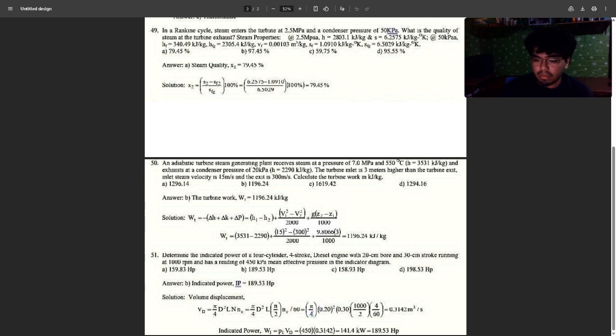The mean effective pressure is 450 kilopascal times 0.3142 cubic meter per second, which will be equivalent to 141.4 kilowatts or equivalent to 189.53 horsepower. That would be letter B in our problem. So the final answer would be letter B, 189.53 horsepower for this number 51.